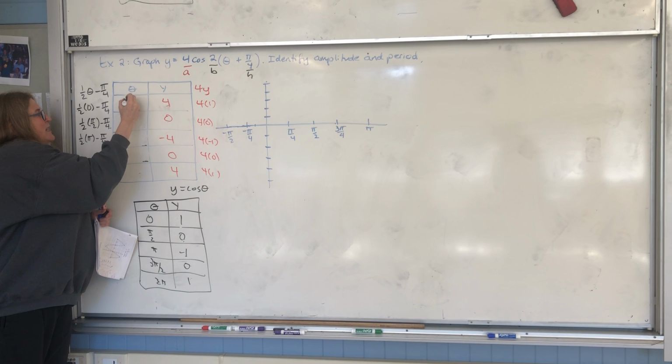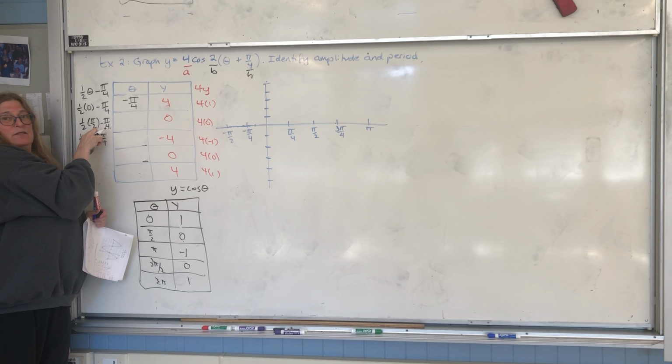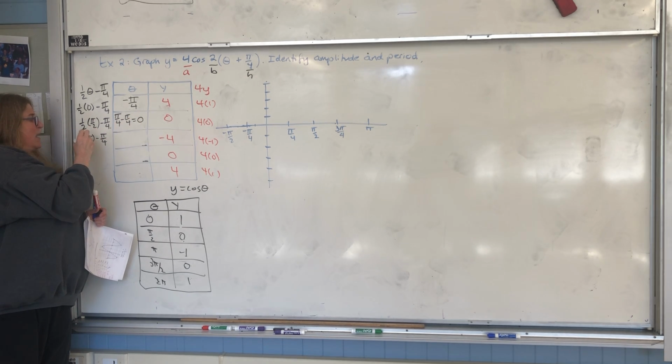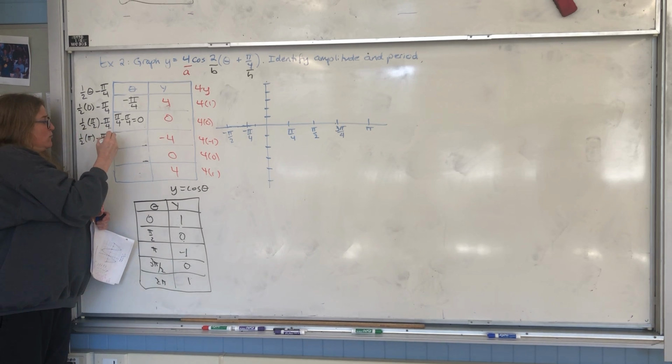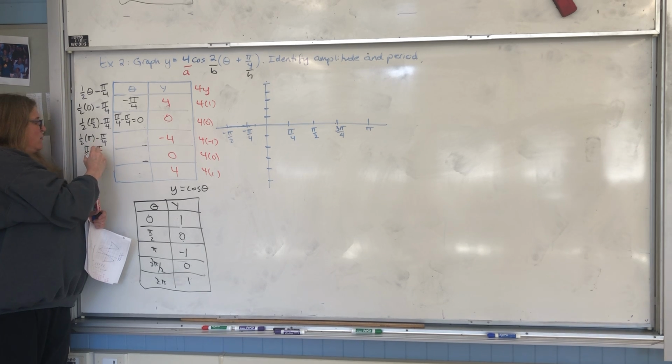Minus pi over 4 is negative pi over 4. 1/2 times pi over 2 is pi over 4, minus pi over 4, which is 0. And this is 1/2 pi minus 1/4 pi, which is pi over 2 minus pi over 4, which is 2 pi over 4 minus pi over 4, which is pi over 4. So this is equal to pi over 4.